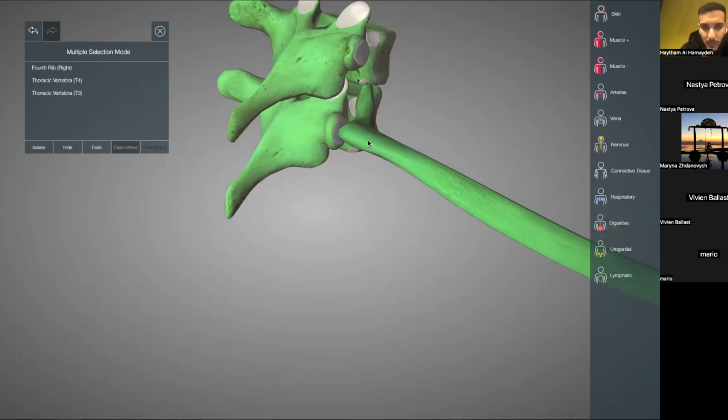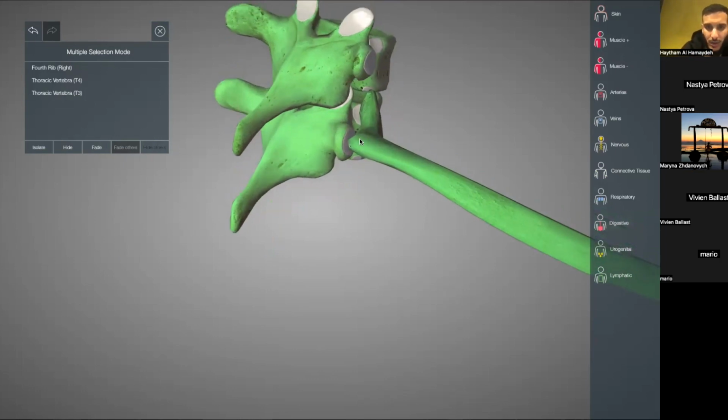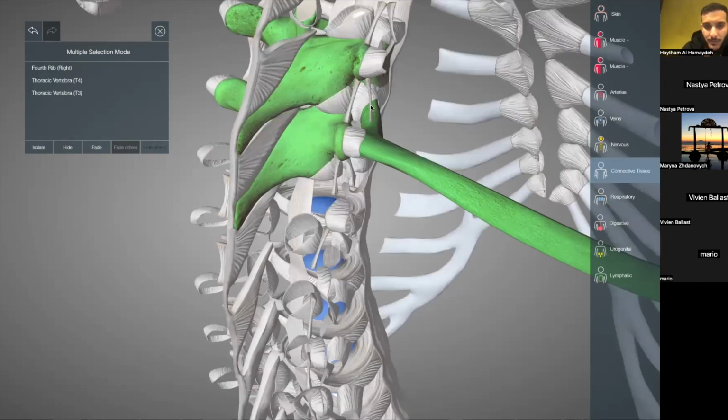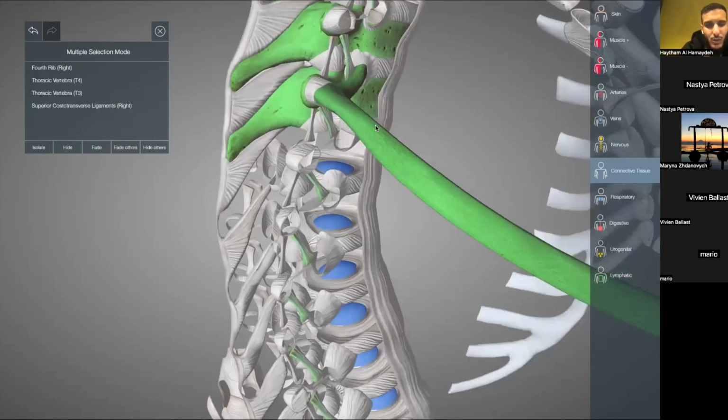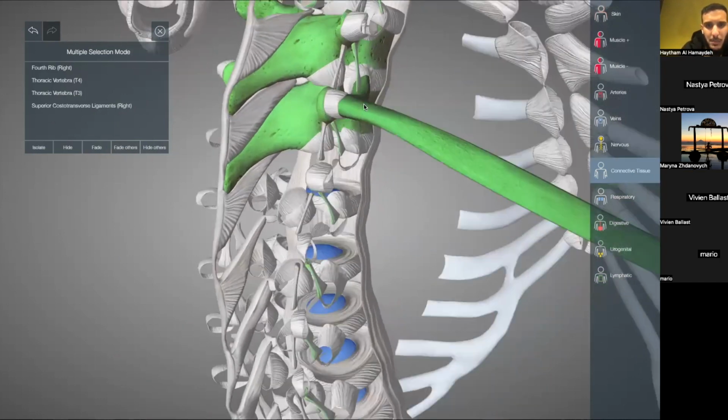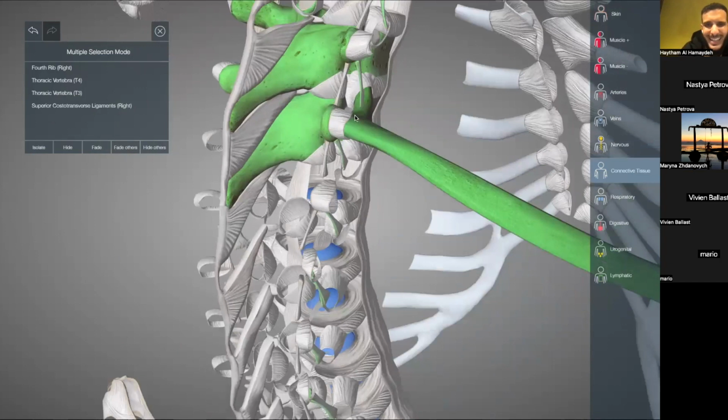Okay, that's the joint. The last thing I want to talk about is the other part of the tubercle, which is more lateral, the lateral part of the tubercle, and it is involved in the attachment of this ligament right here. This is the superior costotransverse ligament. Just don't worry about superior because there is an inferior, but just remember that the lateral part of the tubercle is the site of attachment of a ligament.